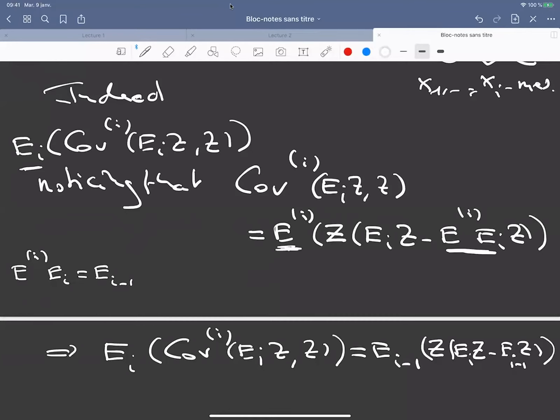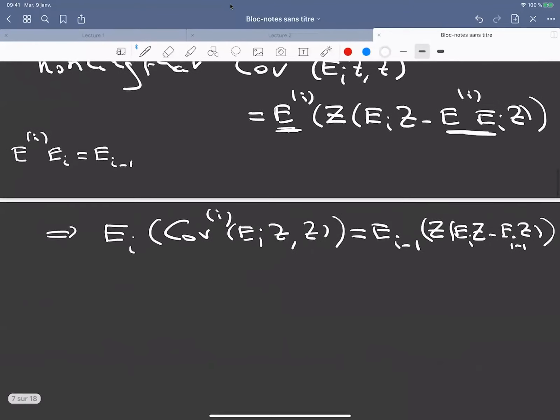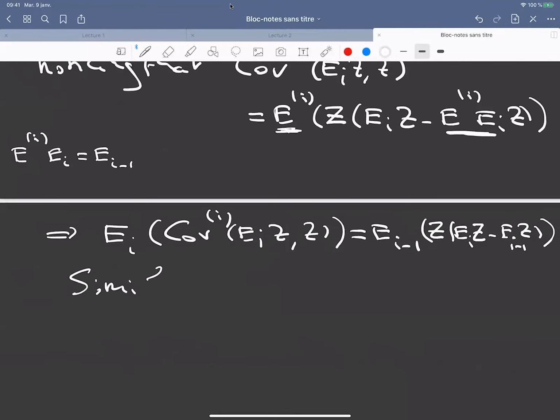And that's all. Okay? And you make a similar computation. I do not make it explicitly because I leave it to you as an exercise. It is exactly the same kind of computation. And you compute similarly this guy, excuse me.